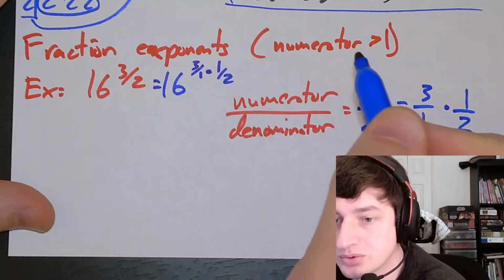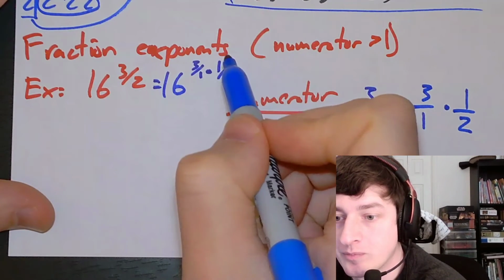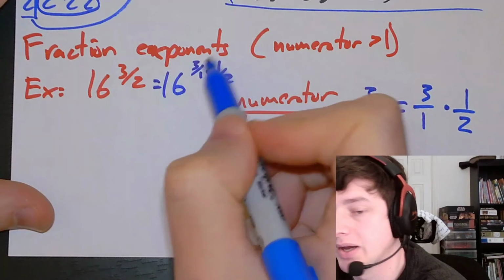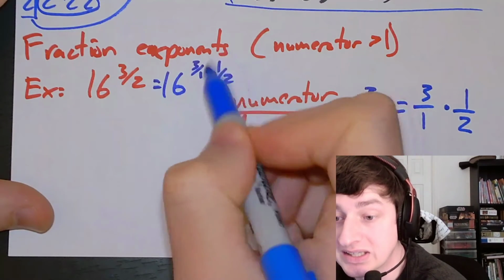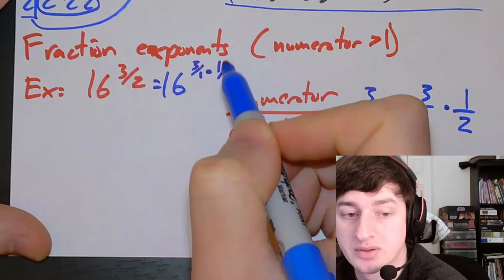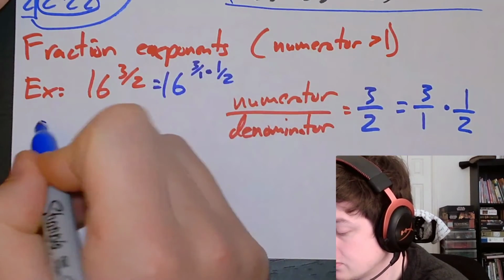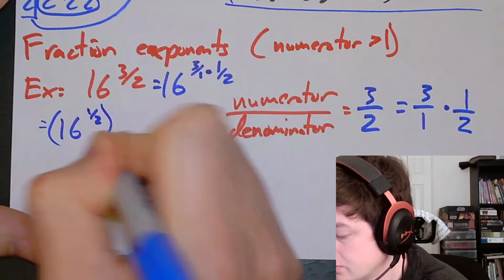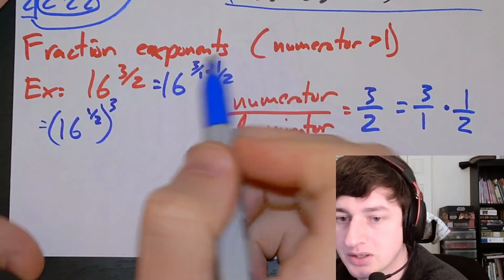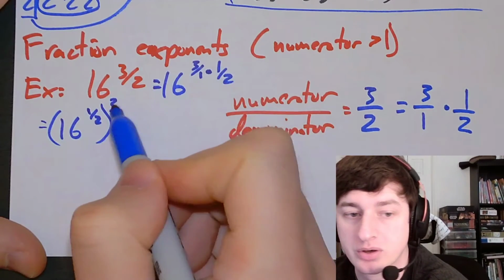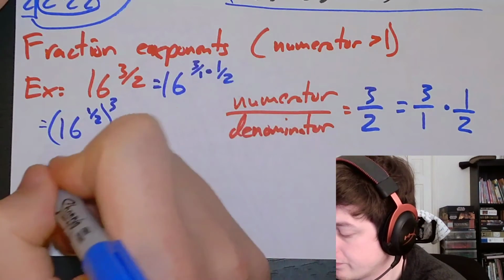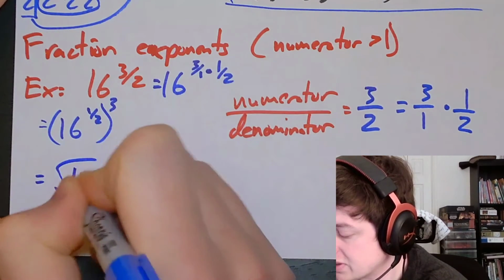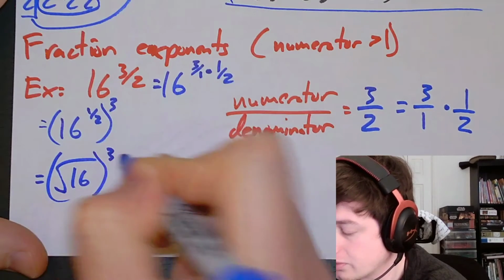Now our product rule said if we had exponents being multiplied, that's really the same as 16 to the half to the third, right? I can rewrite this as a power of a power, or the square root of 16 to the third. Either way.